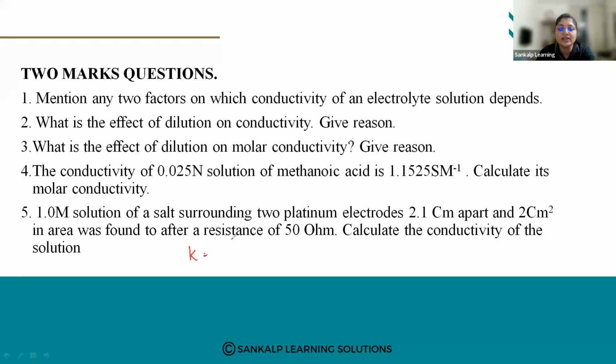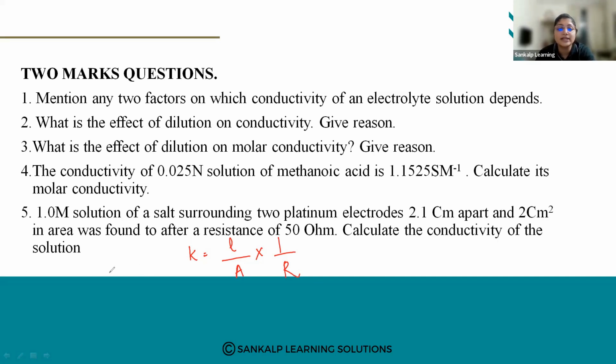Specific conductivity is given as L into 1 by R into area of cross section inverse, that is your conductivity. Because they have given a 1 molar solution of salt surrounding the two platinum electrodes, which are 2.1 centimeter apart and 2 centimeter square in area.